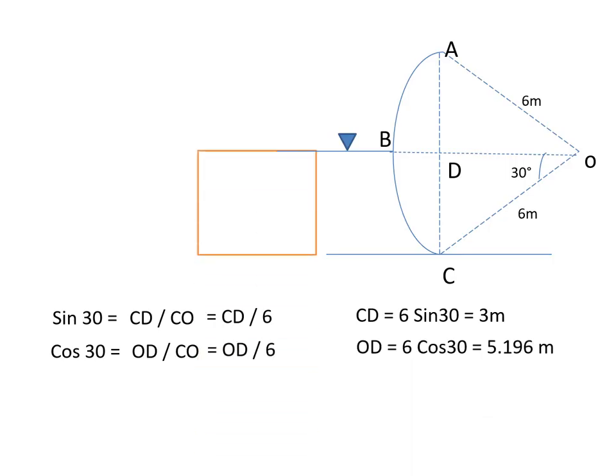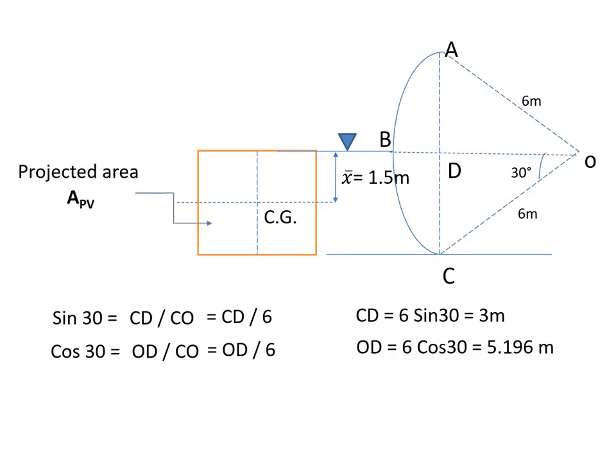So what is the vertical projected area? BC has to be projected onto DC, so DC into length. Now you can mark the CG of this, and DC is 3 meters. The CG distance has to be always from the free surface, which is 1.5 meters. So what is the projected area now?